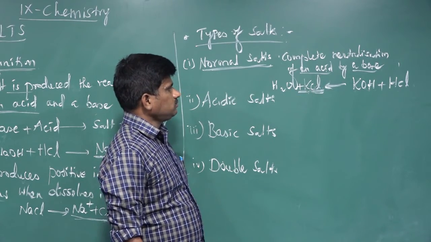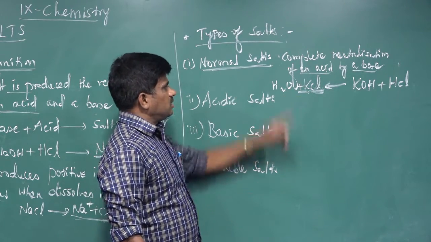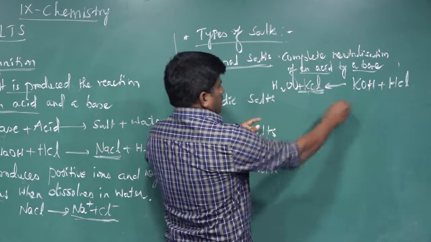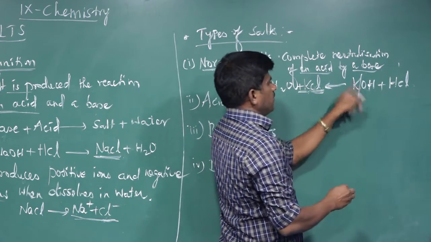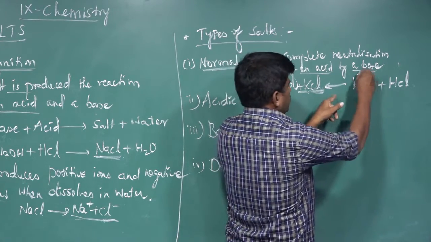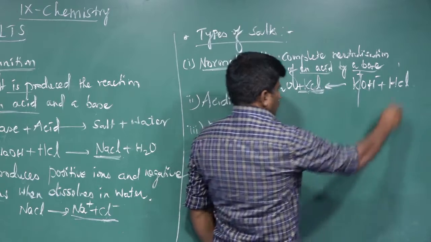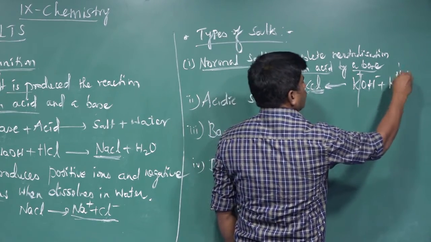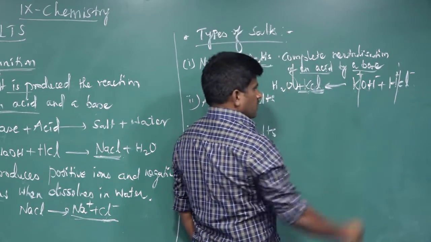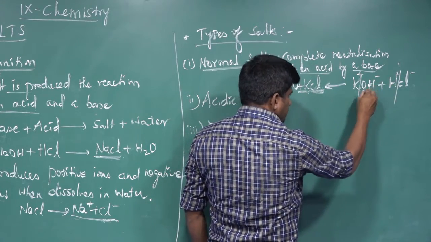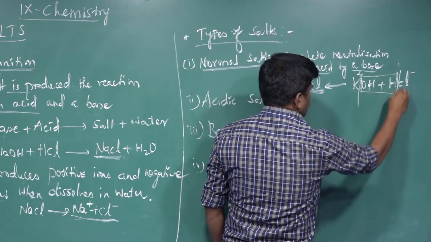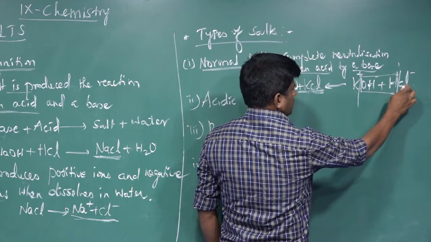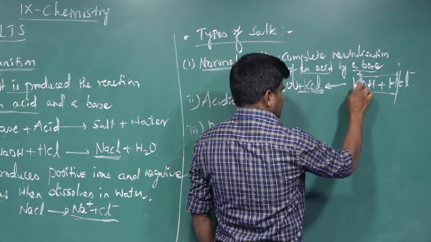The only thing you want to understand here is complete neutralization. The neutralization must be complete. How? When potassium hydroxide dissolves in water, it forms K plus and OH minus. When hydrogen chloride dissolves in water, it forms H plus and Cl minus ions. These H plus and OH minus react together and form water, a byproduct. Cl minus is the acid radical and K plus is the basic radical.